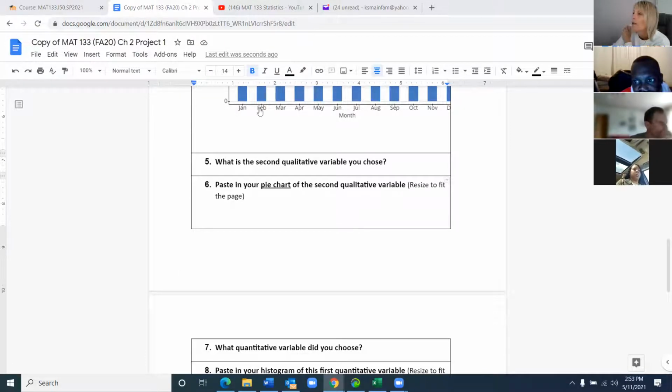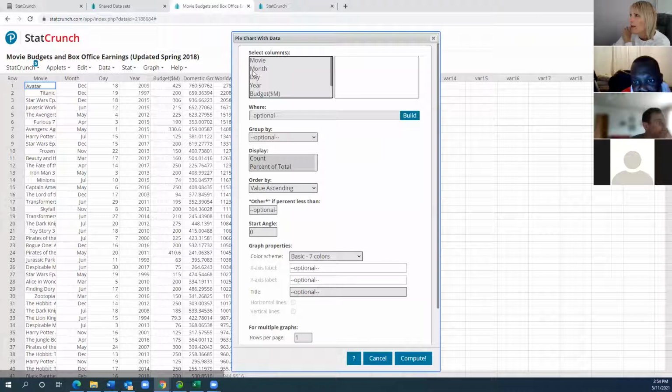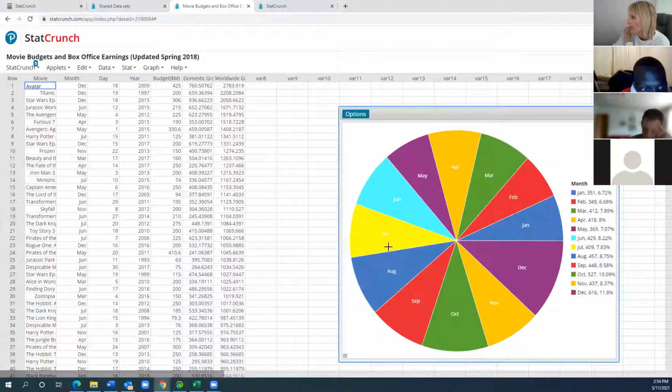in Statcrunch. So you're going to go to graph and pie chart and with data. And I'm going to use month again, only because my data set does not have two good qualitative variables. Yours should. And there it is. There's all 12 of my months. I'm going to right click again and copy image.